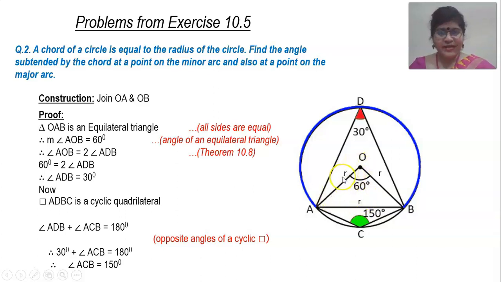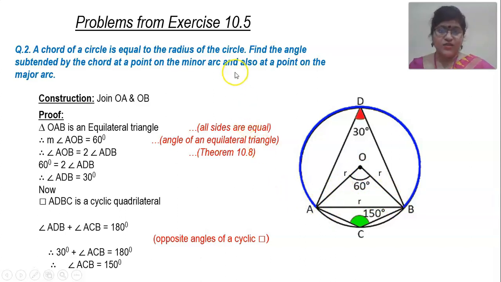OA is already the radius of the circle and OB is also the radius of the circle. These three sides now become congruent because each is represented by R. So we get triangle AOB, which is an equilateral triangle.